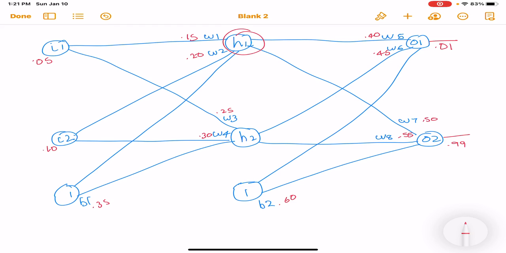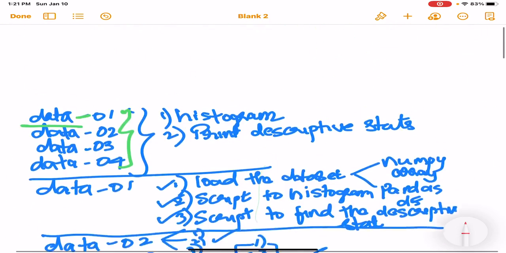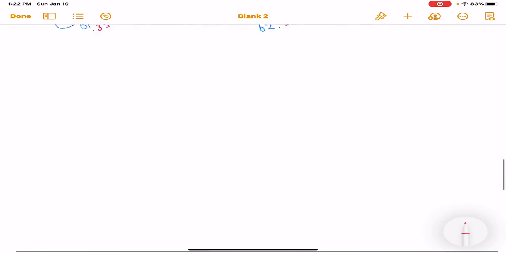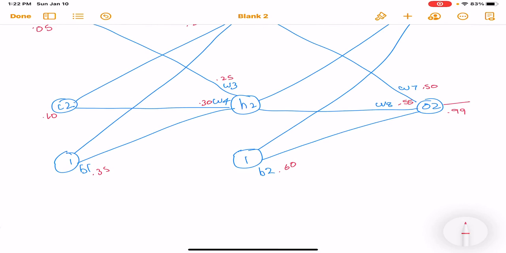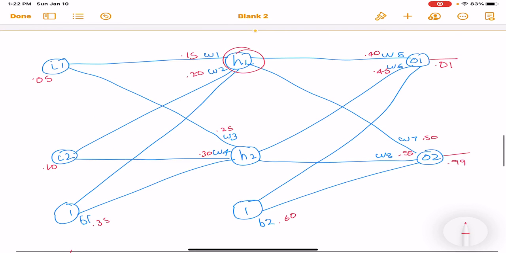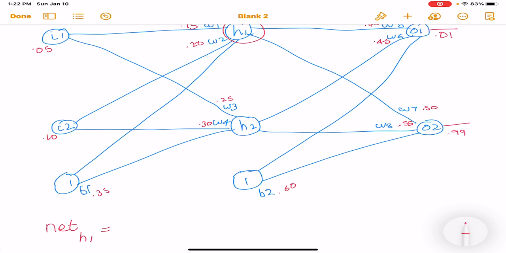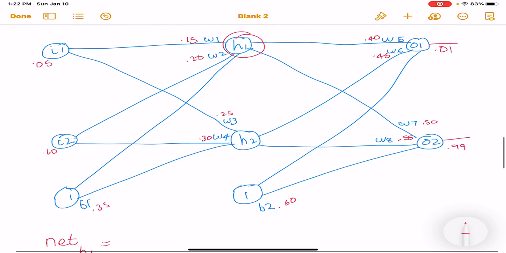So beginning with the neuron H1, which is the first neuron in the hidden layer, let us calculate the total net input for the neuron H1.